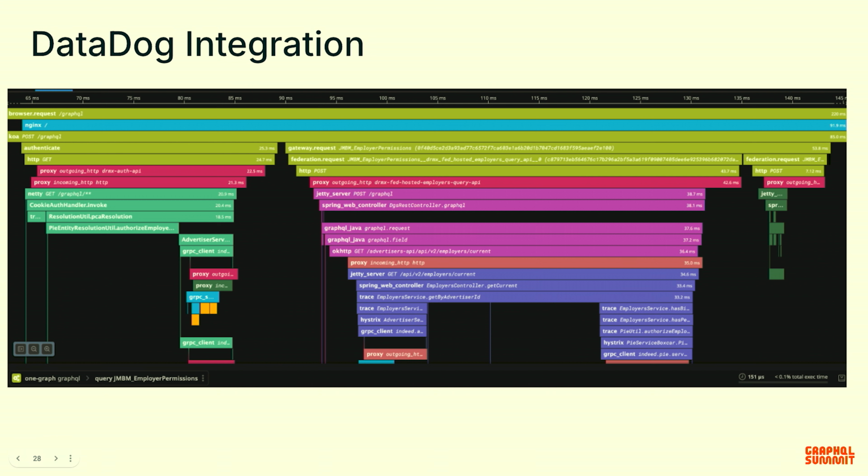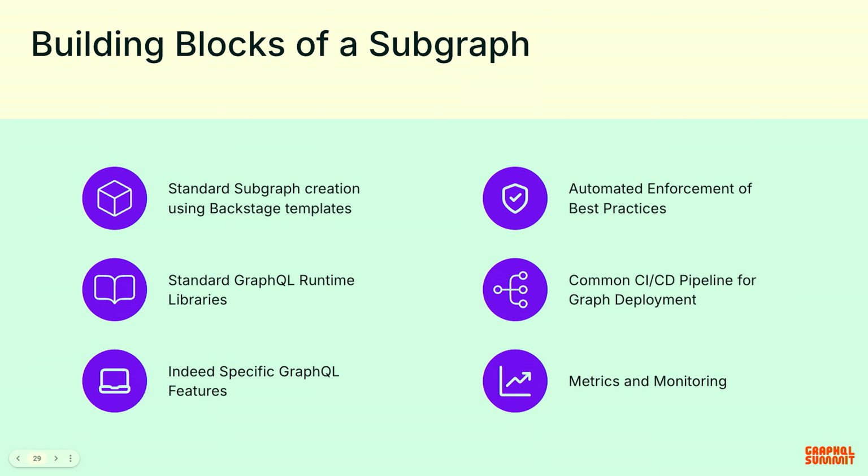So again, just showing that these are going to be consistent across teams, and this tracing will allow us to see where time has been spent, and anyone who has been working with GraphQL at the company can come and look at this and have the same understanding, for our metrics and monitoring, which is important.